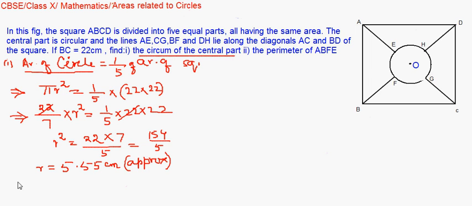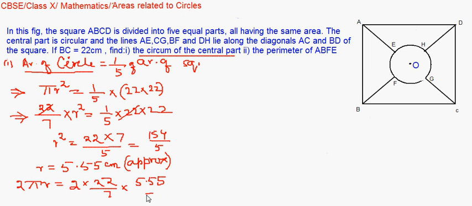So we first find the circumference. We apply the formula 2 pi r, that gives 2 into 22 by 7 into 5.55.